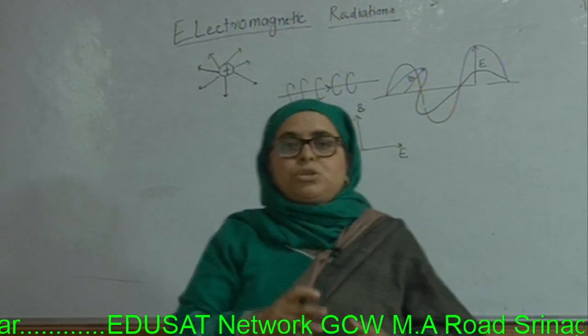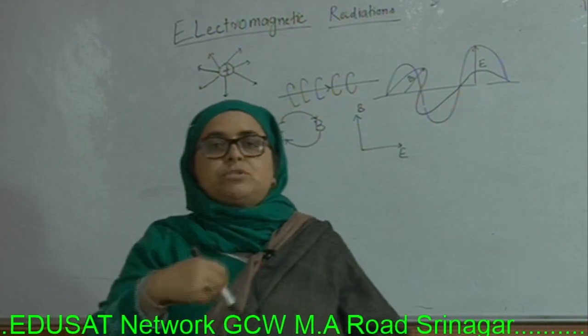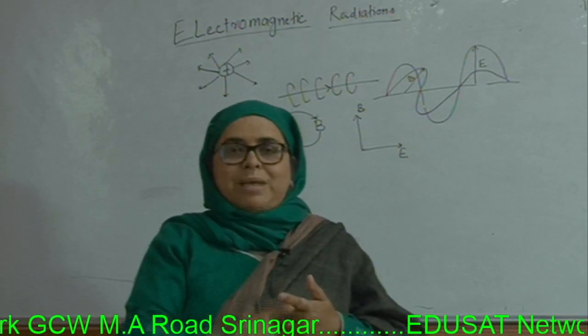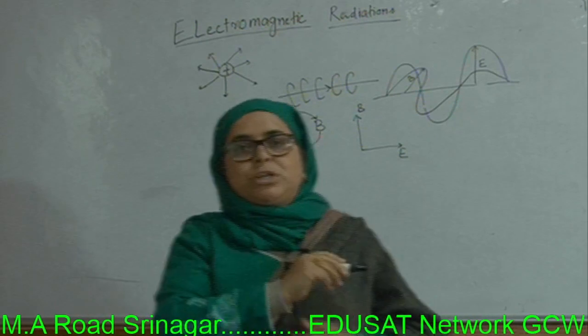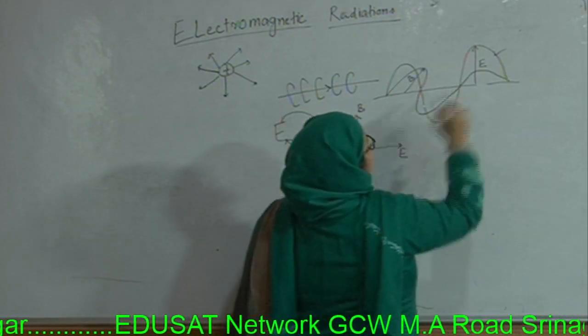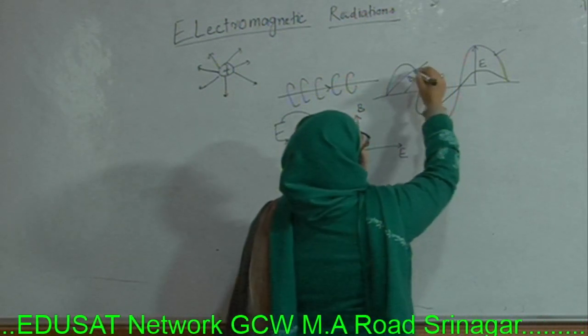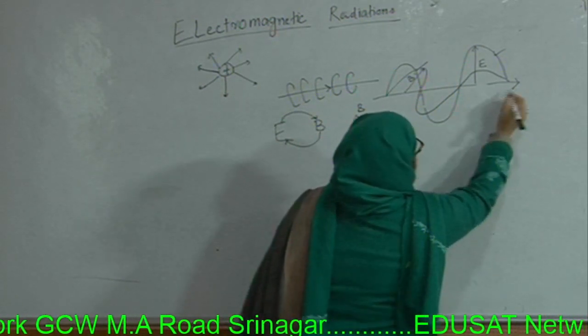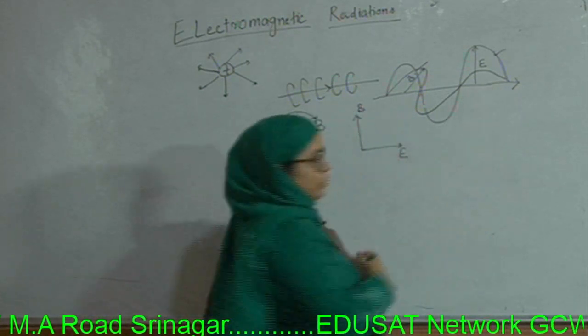I have shown two waves through transverse oscillations. First electric, represented by E, and then magnetic. These two are perpendicular to each other. This is the electric oscillation. This is the magnetic. These two are perpendicular to each other and they are perpendicular to the direction of propagation. So these three are mutually perpendicular.